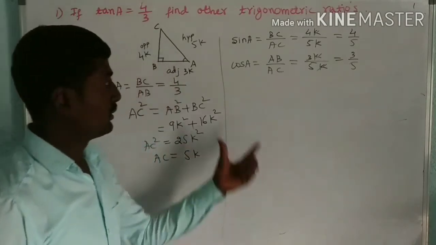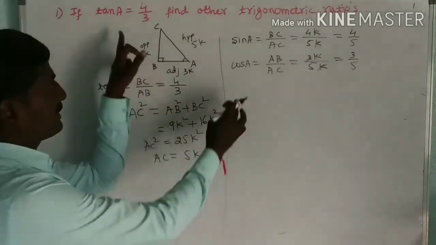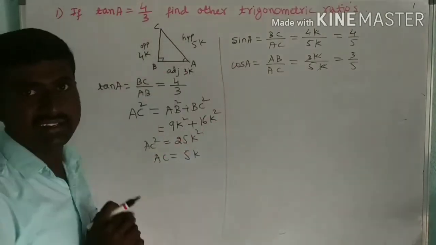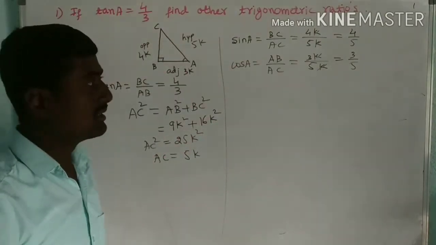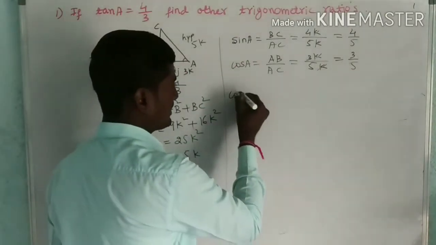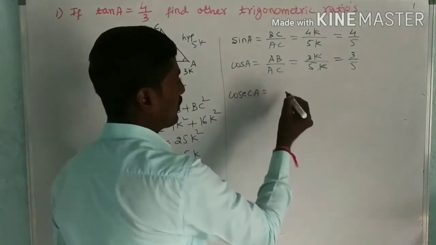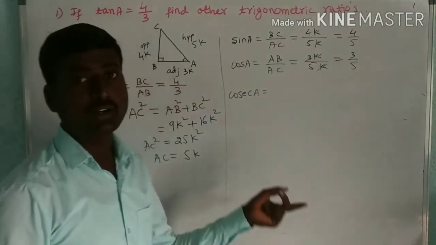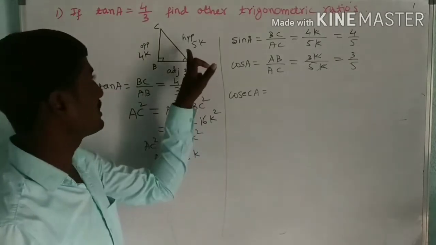Now, three major trigonometric ratios we already know, sin A, cos A and tan A. Remaining reciprocals I want. Now cosec A, I'll write. Cosec A is nothing but hypotenuse by opposite.